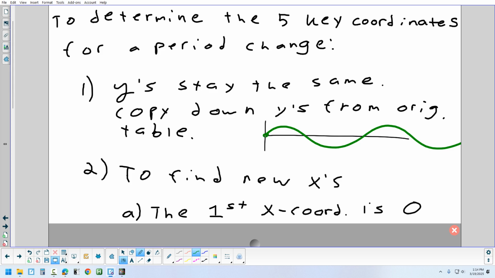Okay, the next one we're going to find is this one. What do we call the distance from here to there? What's the name of the distance all the way from here over to here?